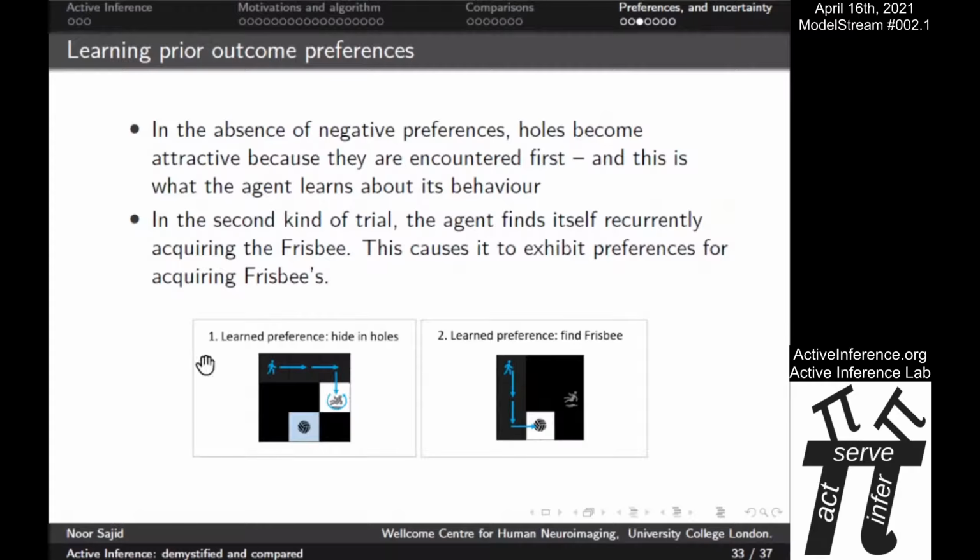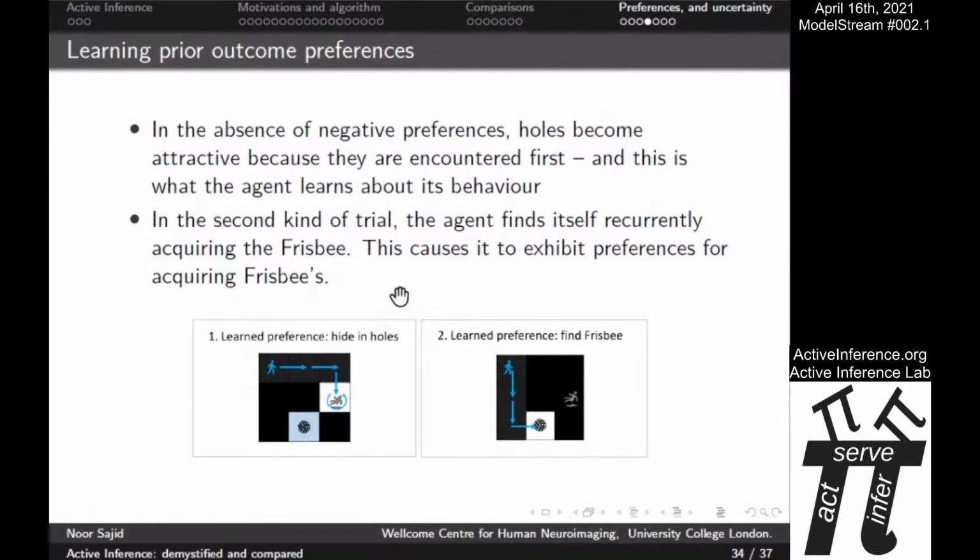So we see that in the first figure, where the agent learns to prefer to hide in holes. And in the second type of trial, the agent exhibited the preference to actually go to the goal location. So this is entirely dependent on the type of stimulus that the agent is exposed to initially, which determines the type of preferences it would learn to have.